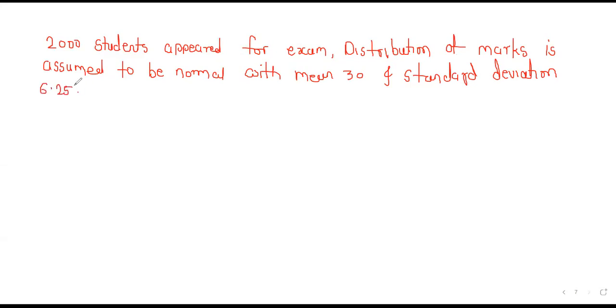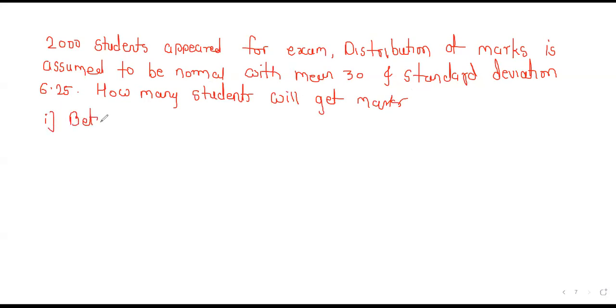How many students will get marks: first, between 20 to 40; second, more than 25; and third, between 35 to 40.